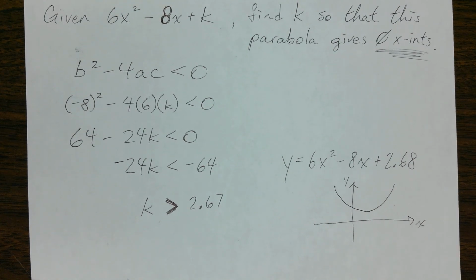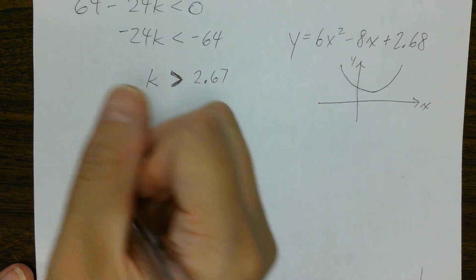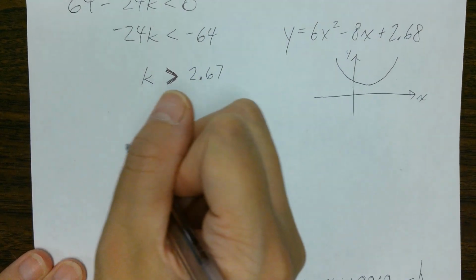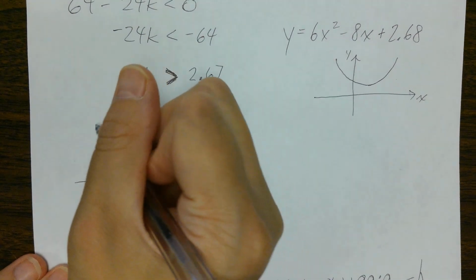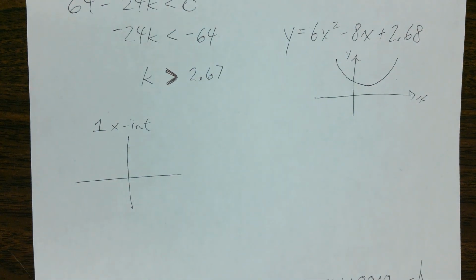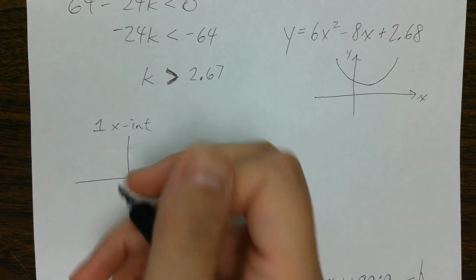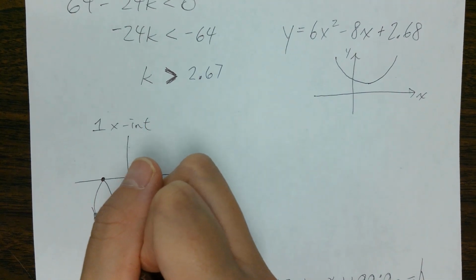Okay. How would your graph look if I said there's just one x-intercept? Perfect. Yeah. It means that your vertex is on your x-axis.